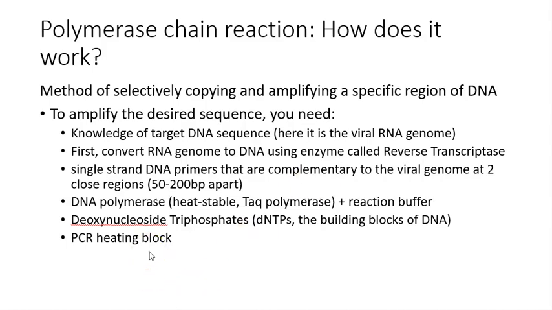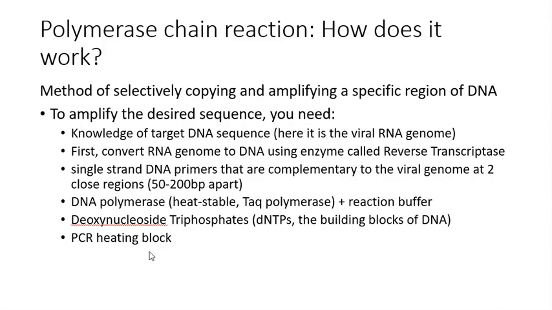Now all we have to do is, and I say all we have to do, we chemically synthesize some short pieces of DNA that are single-stranded, and we call these DNA or PCR primers. They're typically about 16 to 20 bases or nucleotides in length, and they are complementary to the viral genome, or in this case the viral cDNA, at two regions, typically 50 to a couple of hundred base pairs apart.